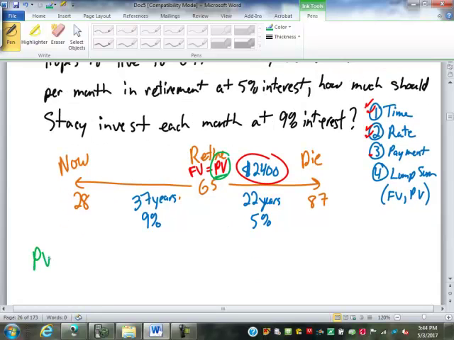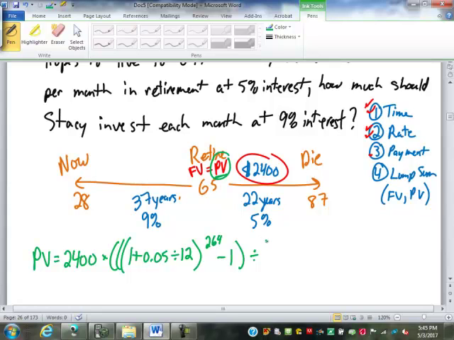That present value is that payment of $2,400 times 1 plus 0.05 divided by 12, to the power of 22 years times 12, 264, minus 1, close parentheses, divided by, tell me what to do next.